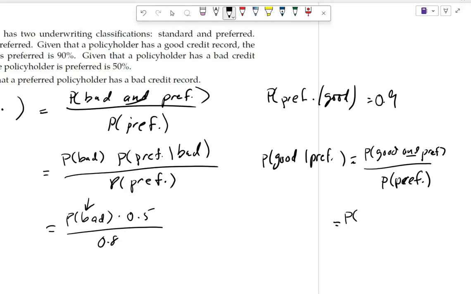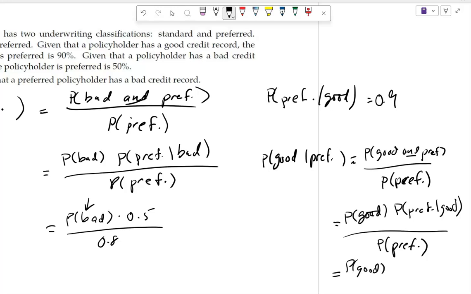We can break this back around as probability of good times probability of preferred given good over probability of preferred. And we know these pieces. This will be probability of good. Preferred given good was 0.9, and probability of preferred again is 0.8.